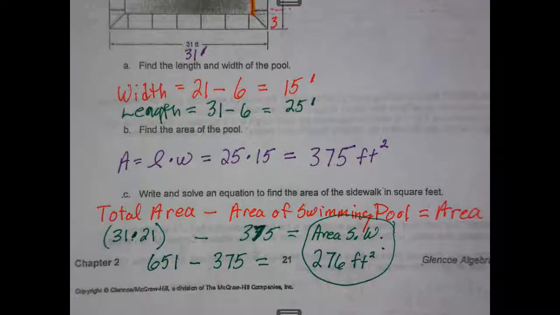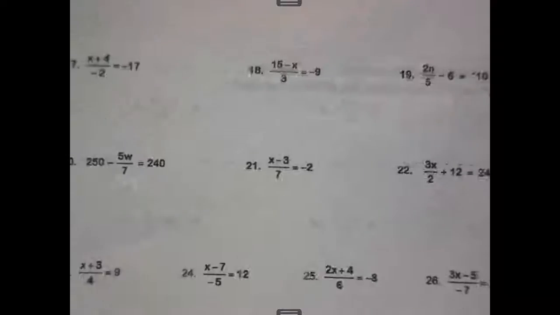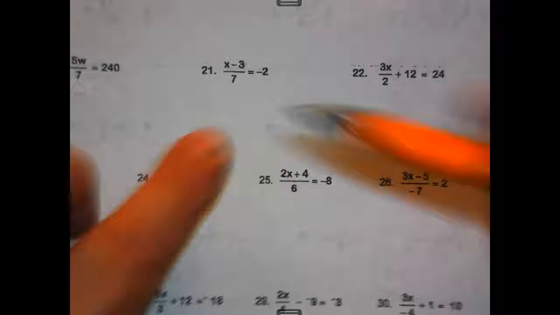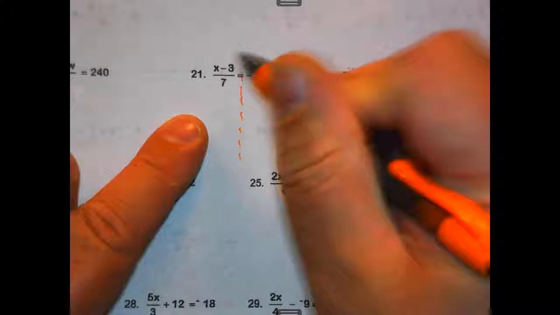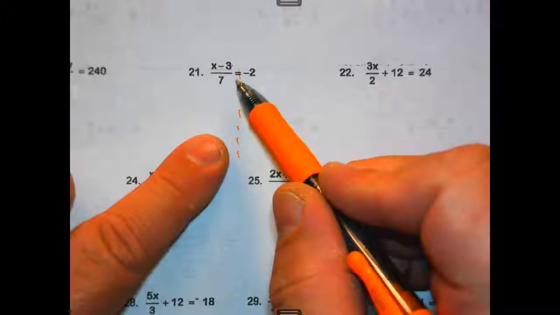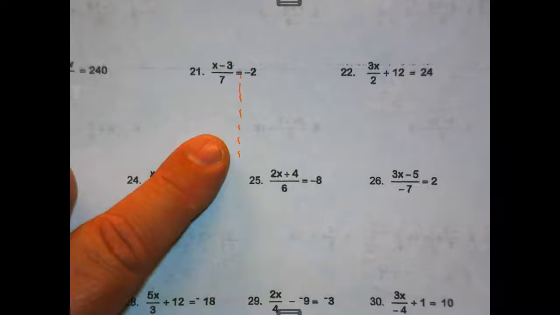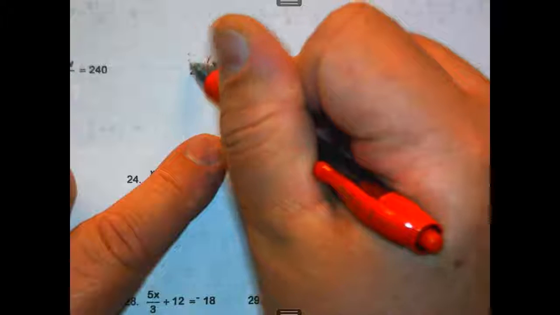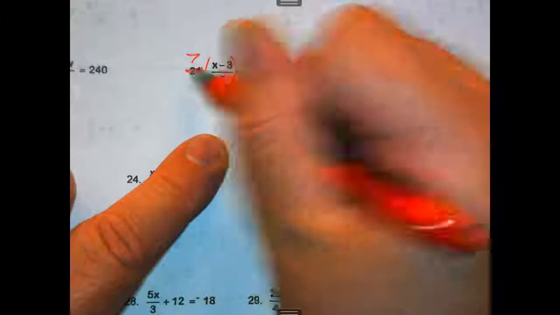Let's do some example problems from yesterday, let's do some on the back. Let's do 21 and 22, and that'll give you both examples. For 21, my x is a variable in the numerator, so I'm going to multiply both sides by the denominator, 7, or 7 over 1.